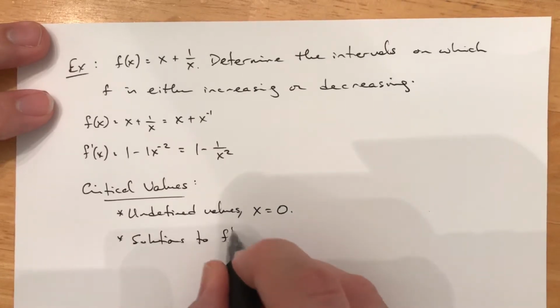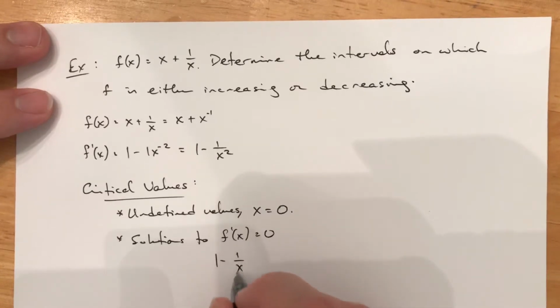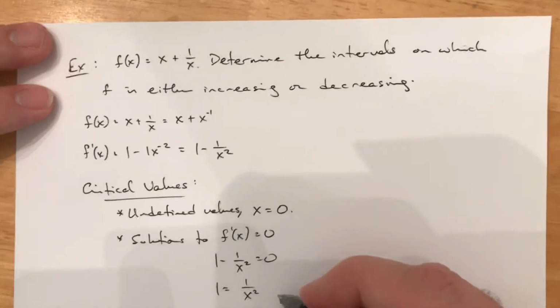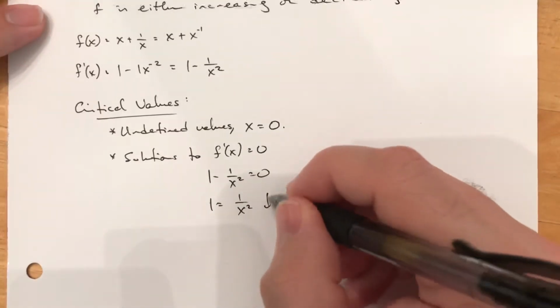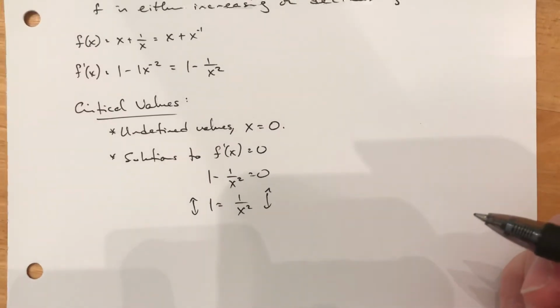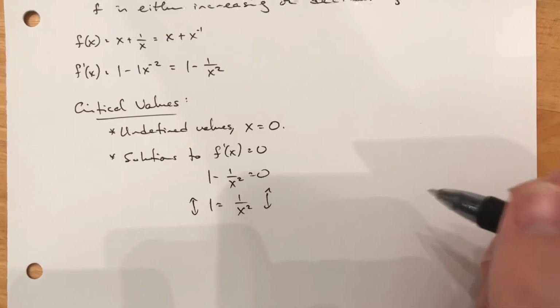And then solutions to f prime of x equals 0. That is 1 minus 1 over x squared equals 0. Move this 1 over x squared to the other side, and we get 1 equals 1 over x squared. Flip both sides over. We can always do the same thing to both sides of an equation, including taking the reciprocal.